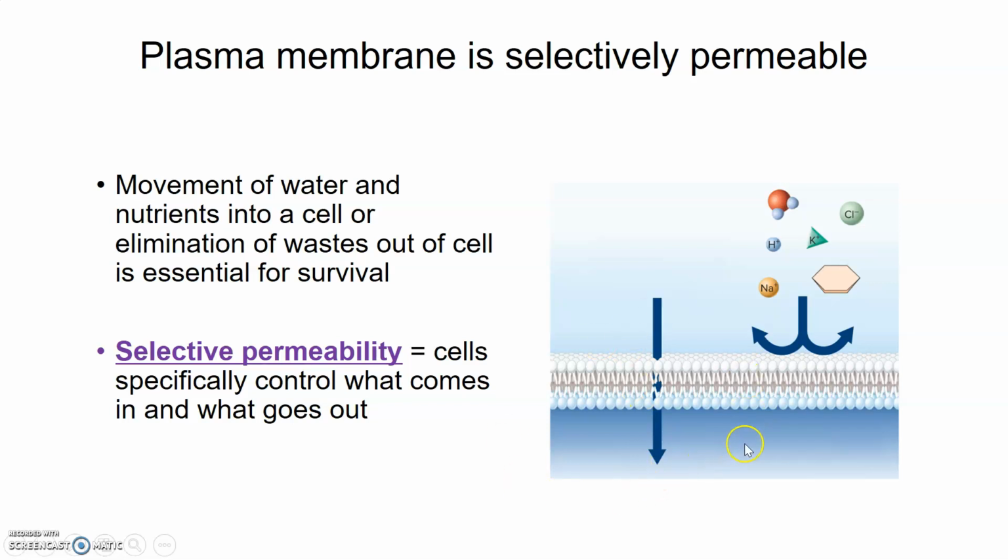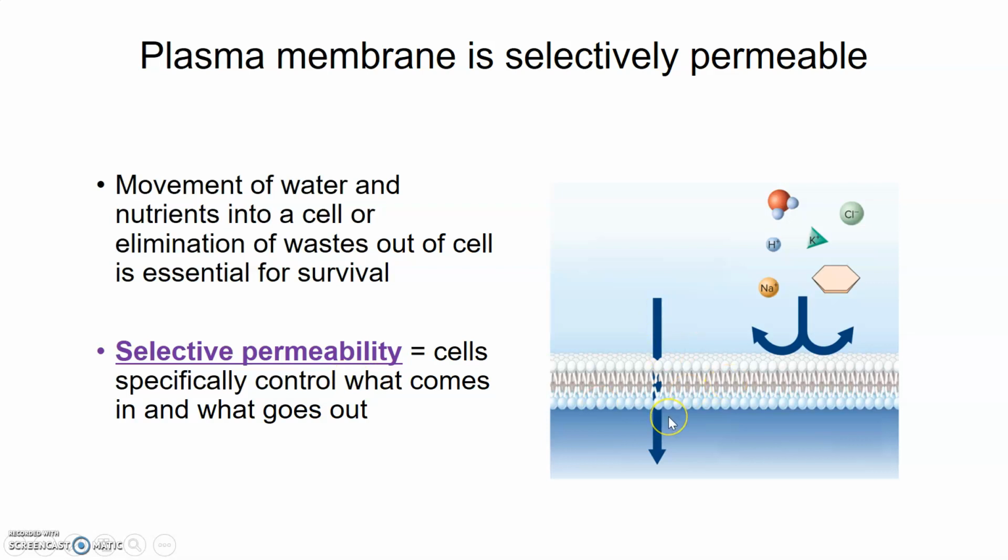But we also need to remove waste products out of a cell, otherwise it will die. And so there's this idea or theory called selective permeability, where cells can specifically control what goes in and what goes out. And so phospholipid bilayers or plasma membranes are selectively permeable.